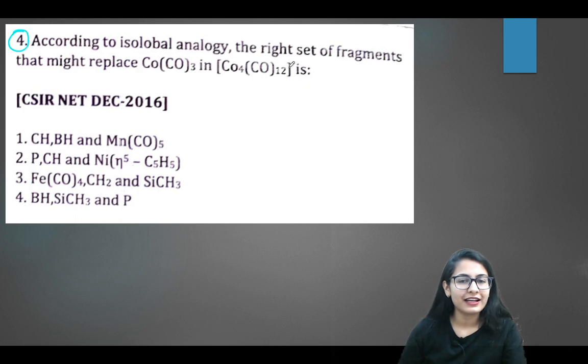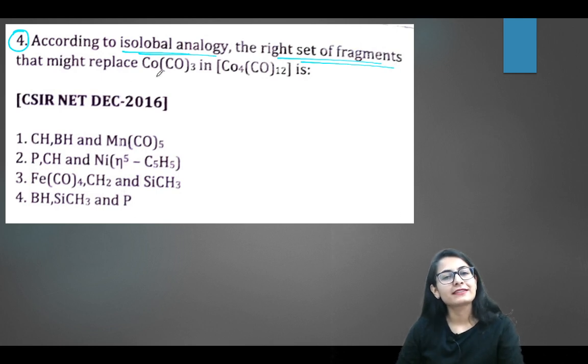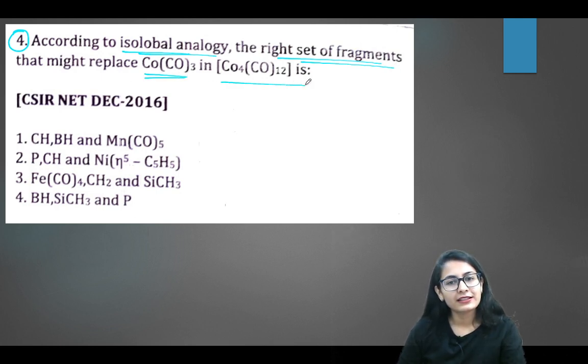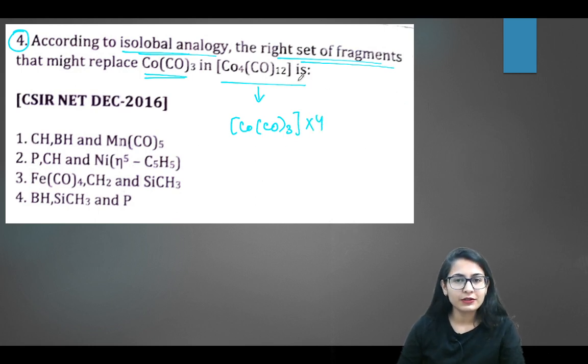Yes, another 4-mark question. According to the isolobal analogy, the right set of fragments that might replace cobalt in this complex. Okay, so cobalt tricarbonyl. If you realize, if you break it down, you see that repeating this whole fragment 4 times gives you this final complex, isn't it?